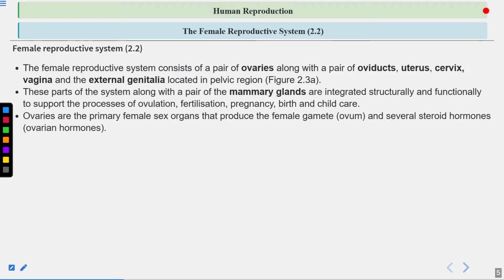Ovaries are the primary female sex organs that produce female gametes, known as the ovum, and several steroid hormones, or ovarian hormones, such as estrogen and progesterone.